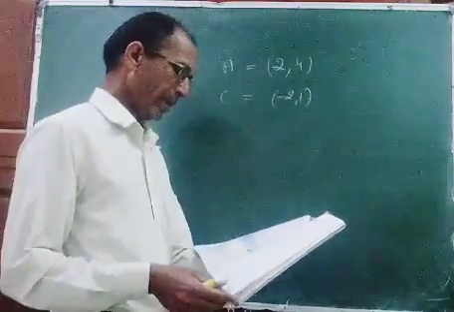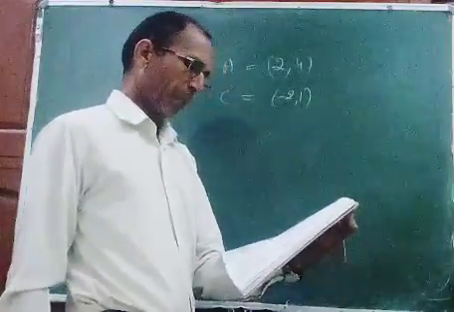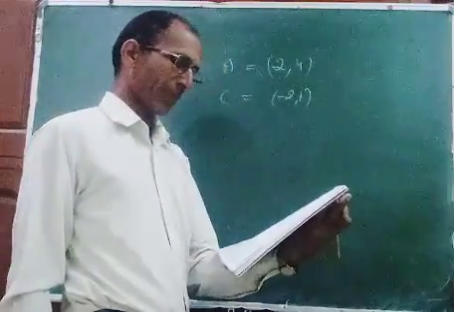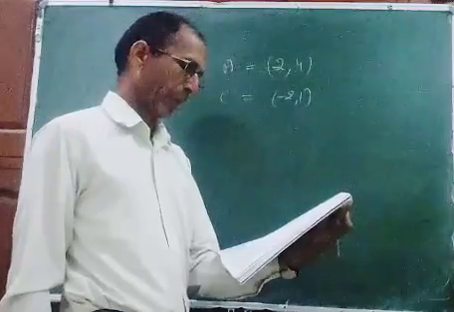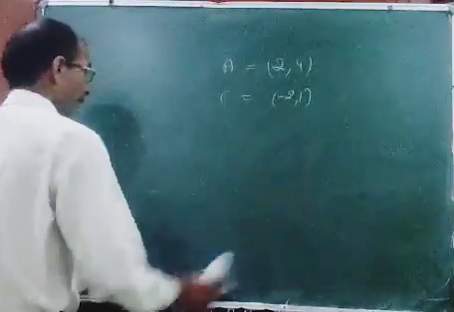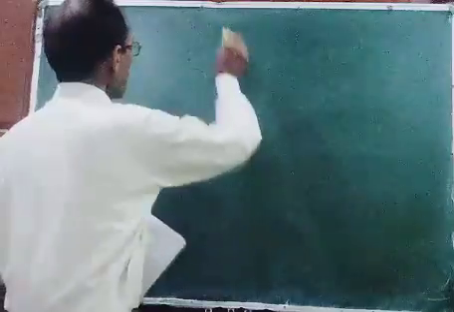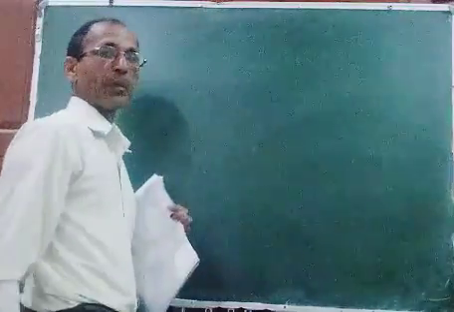Now next question. Draw the graph of simple interest paid on rupees 1000 at the rate of 2% per annum. So we have to draw the graph of this one. One example I am taking. So first of all, try to know the formula for finding the simple interest.